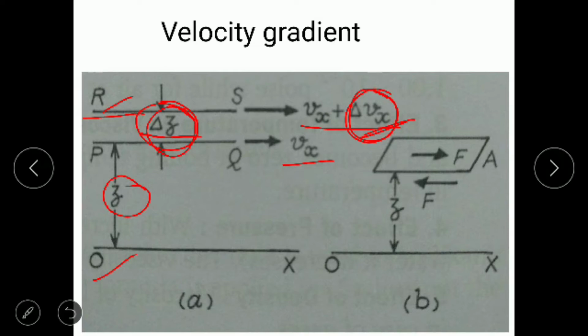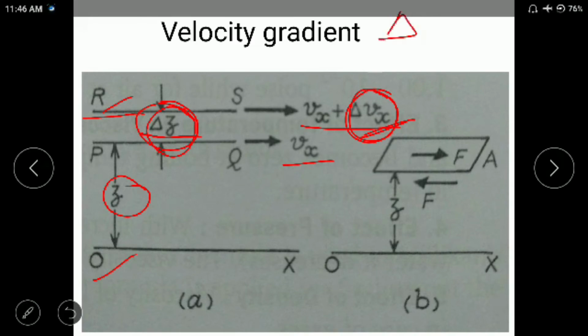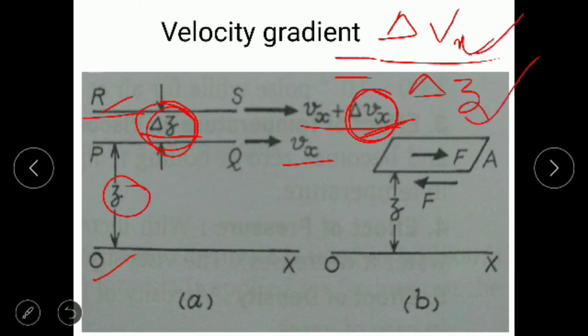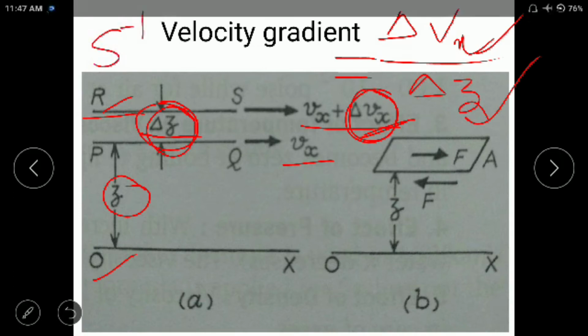The change of velocity, del Vx, by its perpendicular distance, del Z, is known as velocity gradient, that is, the rate of change of velocity with its perpendicular distance. Now the unit of velocity gradient is second inverse. Okay, the unit is second inverse.